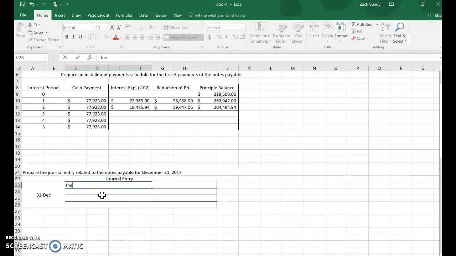So we're going to do interest expense, and the interest expense for the first year we see here is $22,365.